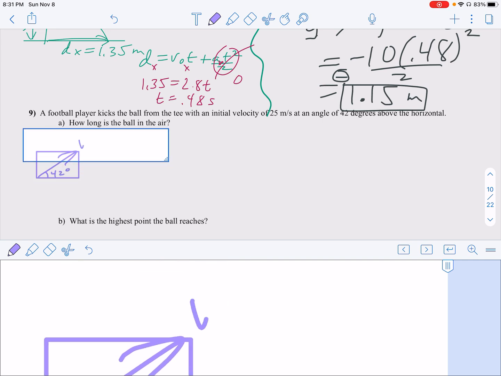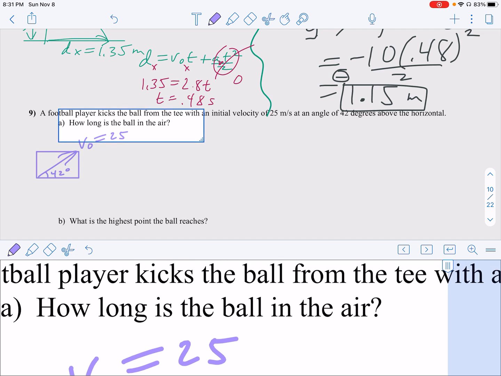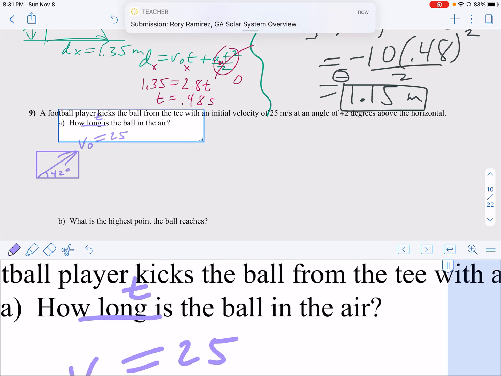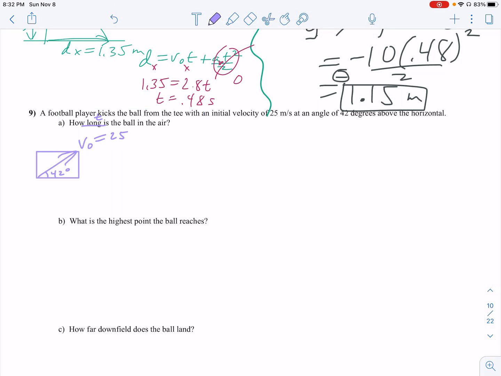And VO off the foot is 25 meters per second. That's what it tells me. How long is the ball in the air? So that's the time. So on these problems, the trick is to find the time it takes to go to the top and then multiply by 2.